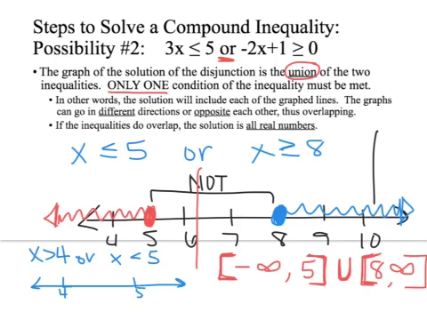For 4, I would have an open circle, and this inequality is pointing to the right, so I'll point this to the right. For 5, this inequality is pointing to the left, so I'll have an open circle pointing to the left. These overlap. They're going in opposite directions, and they are an OR, but because everything is being touched, this is all real numbers.